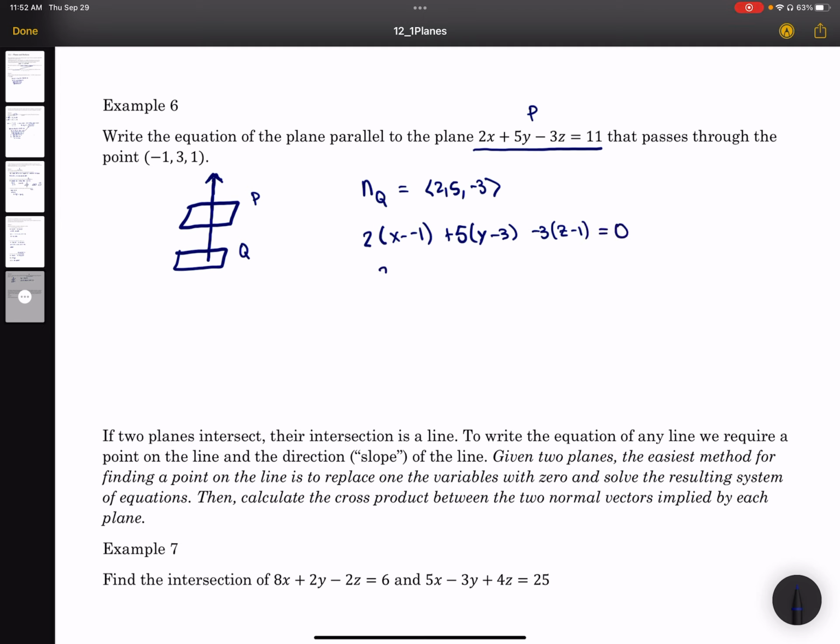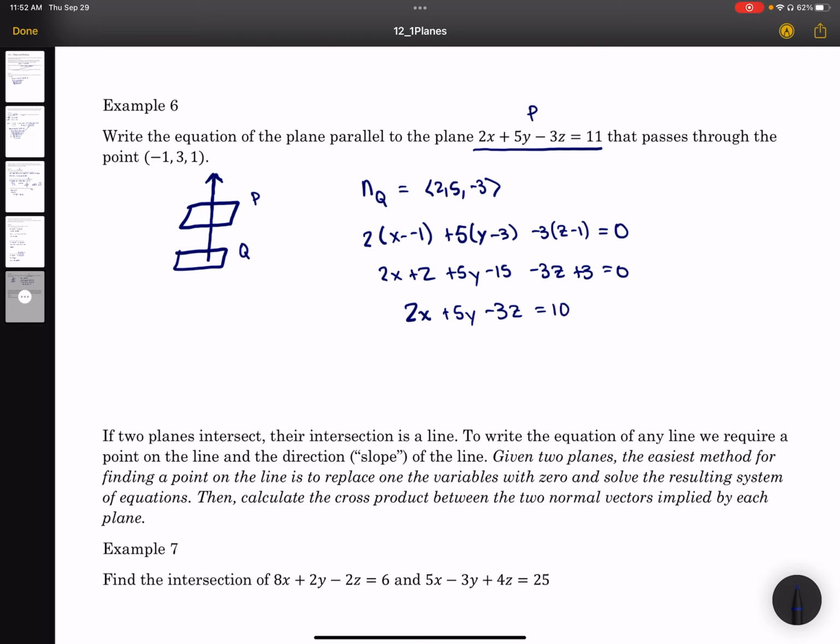So that's going to be 2x plus 2 plus 5y minus 15 minus 3z plus 3 equals 0. That's the same as 2x plus 5y minus 3z equals 10.